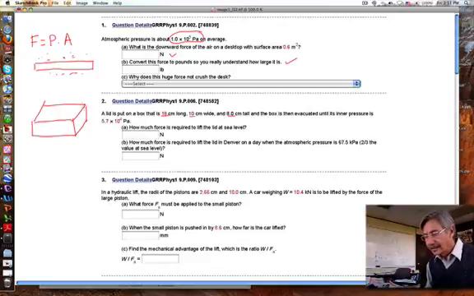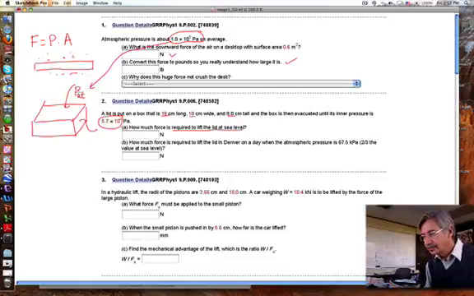And you take the air out of the box so that the pressure inside the box is given by this amount here. The question is how much force is required to lift the lid at sea level. Well, at sea level, the pressure from the top is going to be the atmospheric pressure at sea level, probably this value over here.